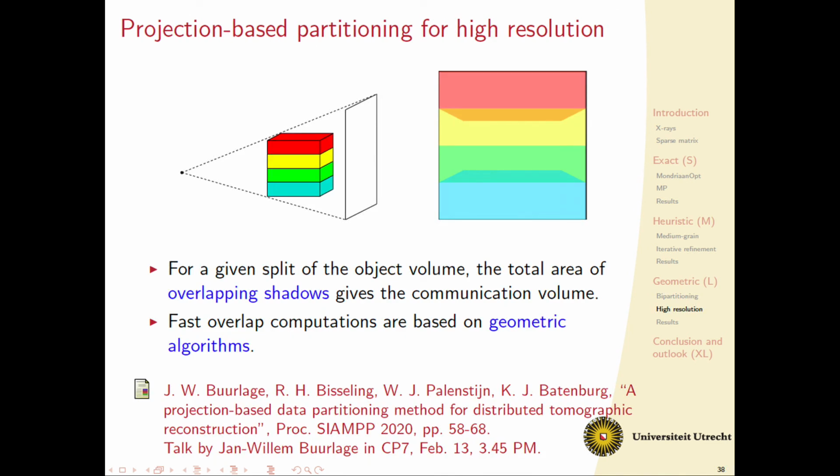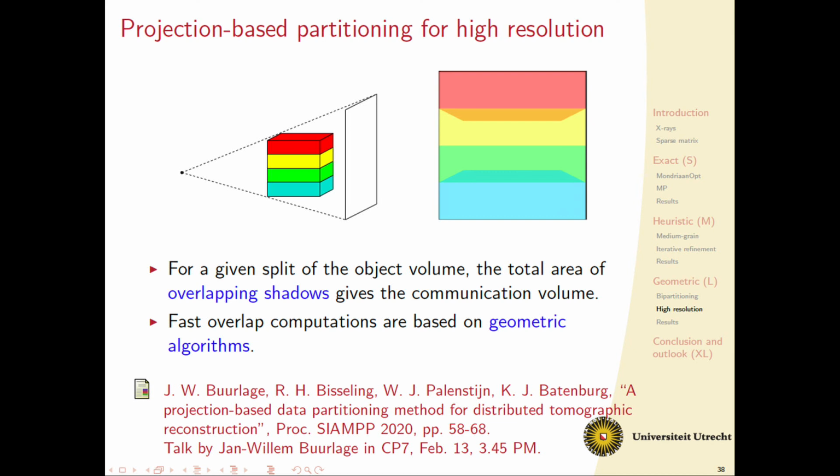Okay, so the final method for tomography, which doesn't assign voxels, but is really only based on geometry, is the following. Here we have 4 processors. They all get a block, and then we look at what the shadows on the detector, what color they have.